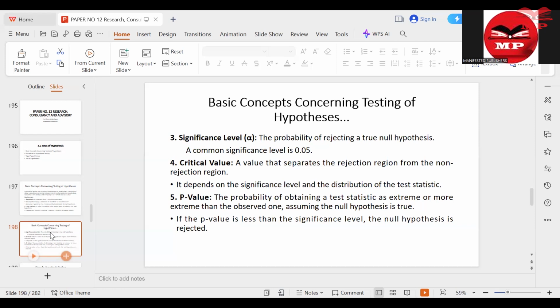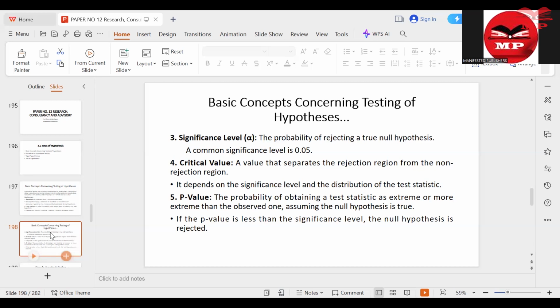4, critical value. This is a value that separates the rejection region from the non-rejection region. It depends on the significance level and the distribution of the test statistic. 5, p-value.